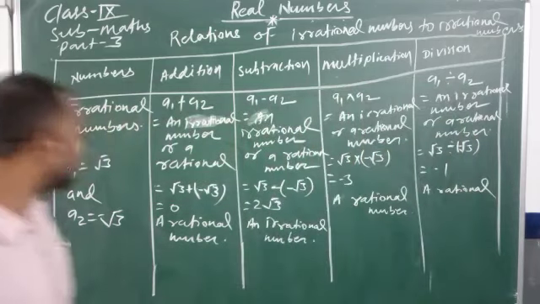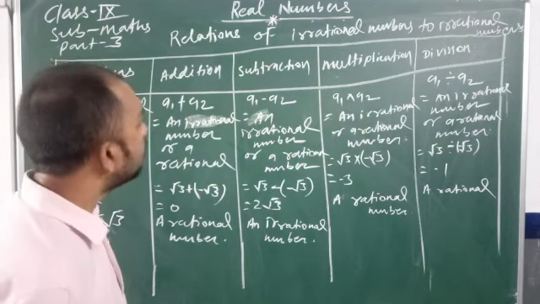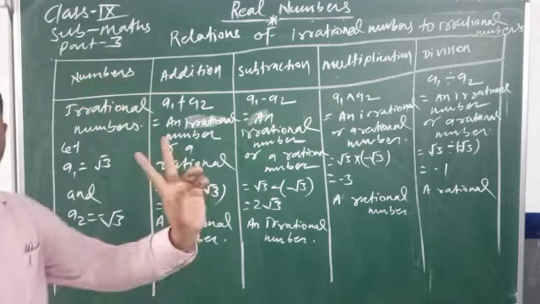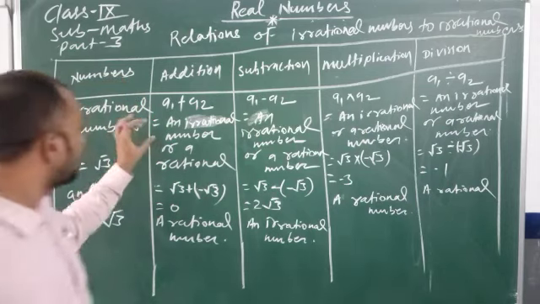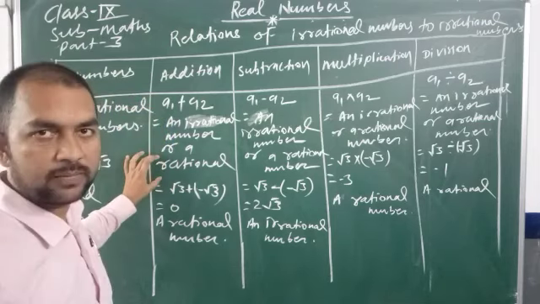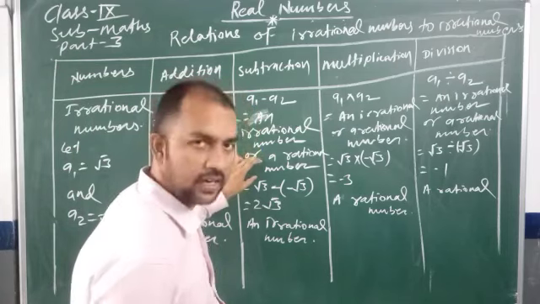So we can see that when we perform all the operations on the relation of irrational numbers to irrational numbers, we will get two results. The result can be an irrational number or a rational number.